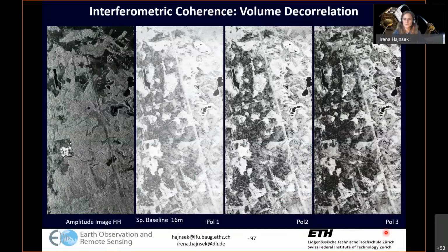And you see already using different polarization, independent which one this is, you can either enhance or filter out things of the volume contribution or volume decorrelation that you like to see. And therefore it's not only the baseline, but also the choice of the polarization can enhance certain volume parts which are important. So polarization in terms of enhancement of specific structure of f of z is very important.